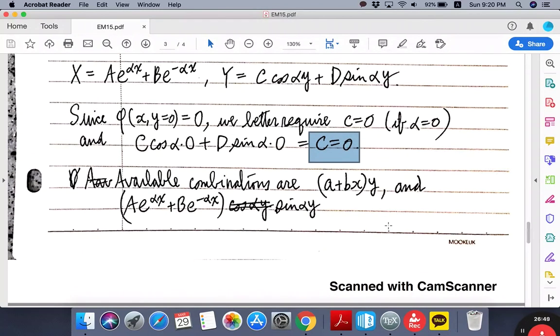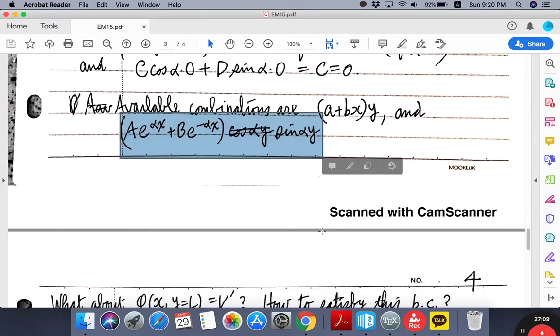Okay, so already by applying only one out of the four boundary conditions, we were able to cut down on the number of possible solutions. The possible solutions are either of this form or of this form. So we roughly got rid of half of the possible solutions as being unqualified.